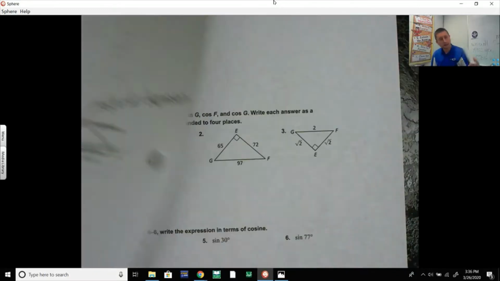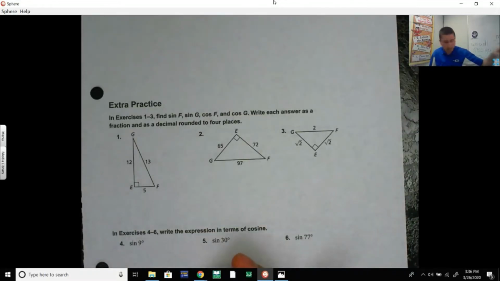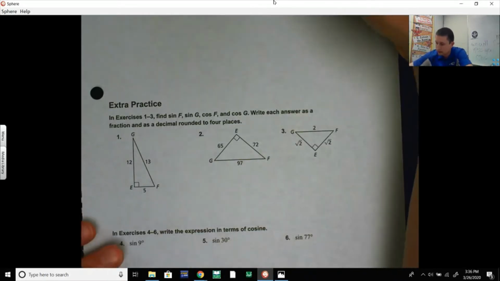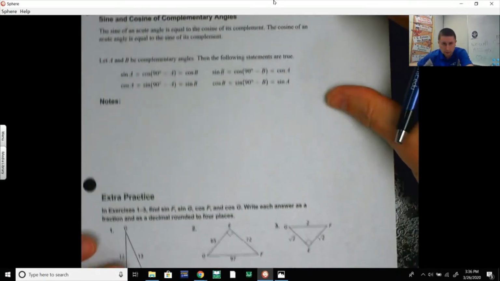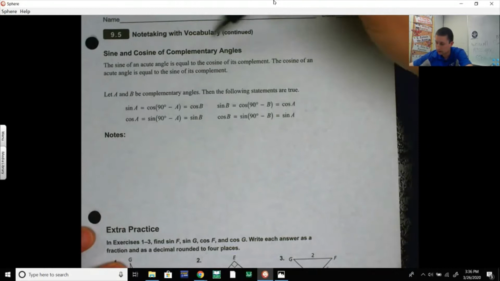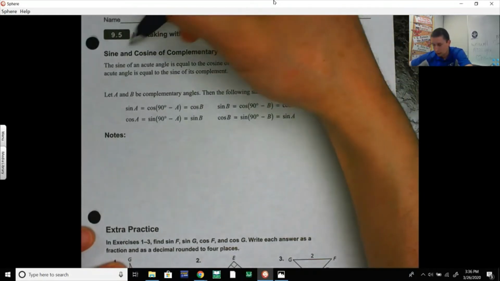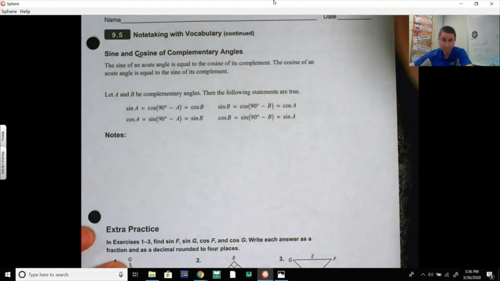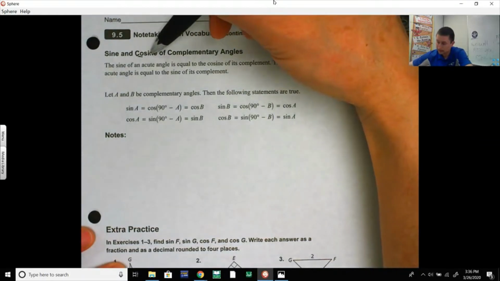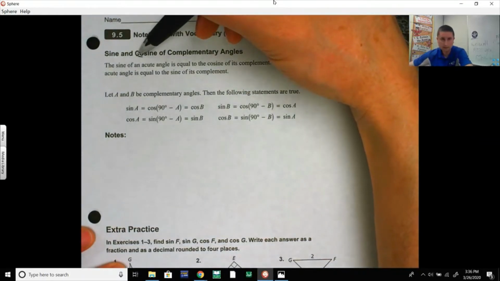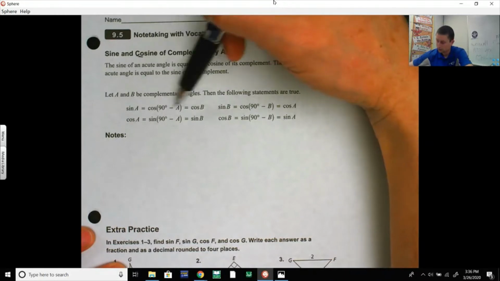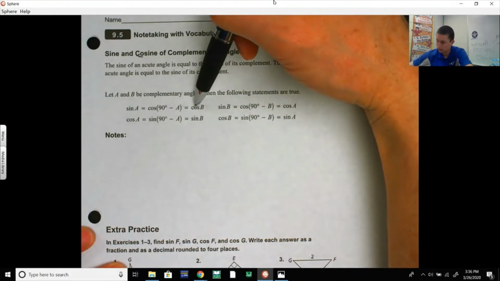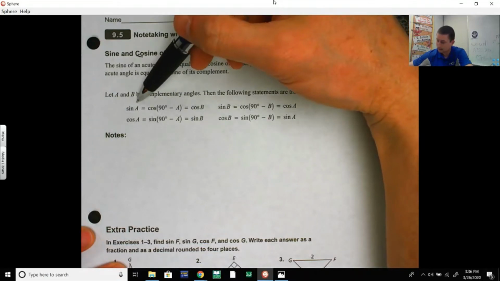Here we go. Next thing, we're clicking right along. Okay, sine and cosine of complementary angles. The co of cosine stands for the word complementary, and it's the sine of the angle's complement. Okay, so the cosine of B is going to be the same as the sine of the angle's complement.